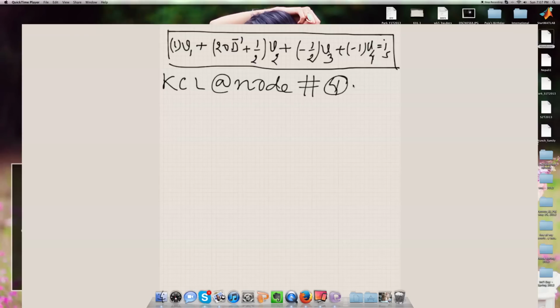So from v sub 4 to v sub 1, in house rule, v sub 4 minus v sub 1 over 1 is the current flowing that direction. V sub 4 to v sub 3, through the resistor of 1/2 ohm, we have v sub 4 minus v sub 3 over 1/2.